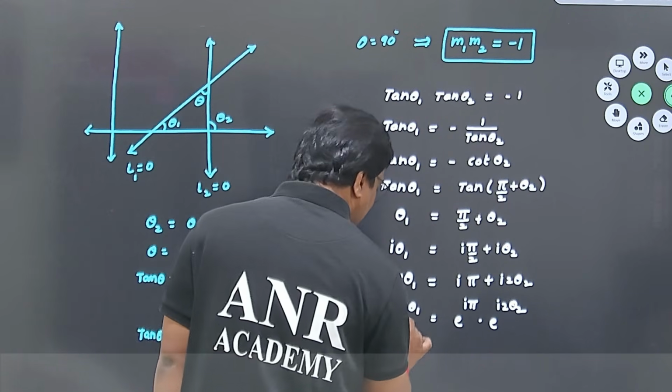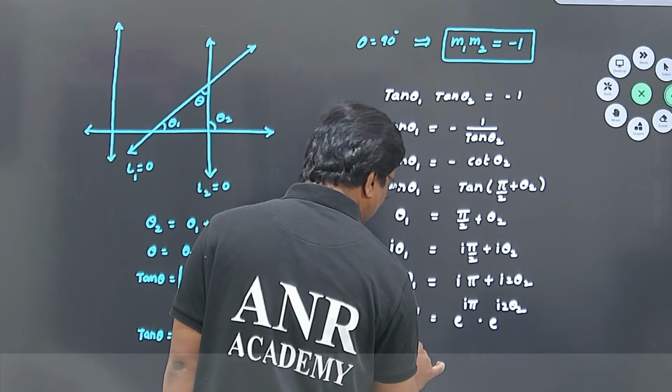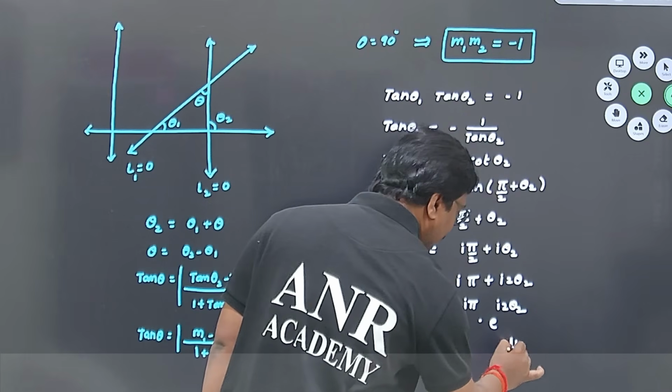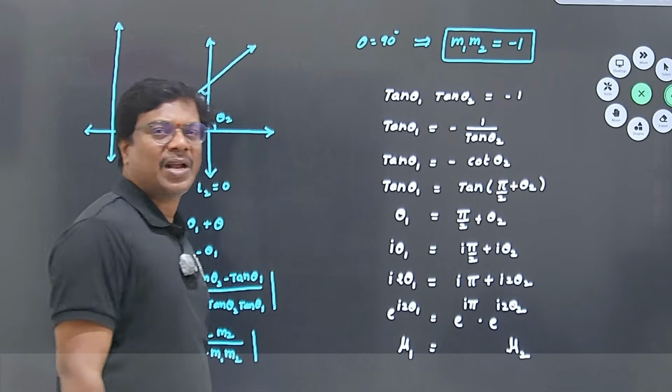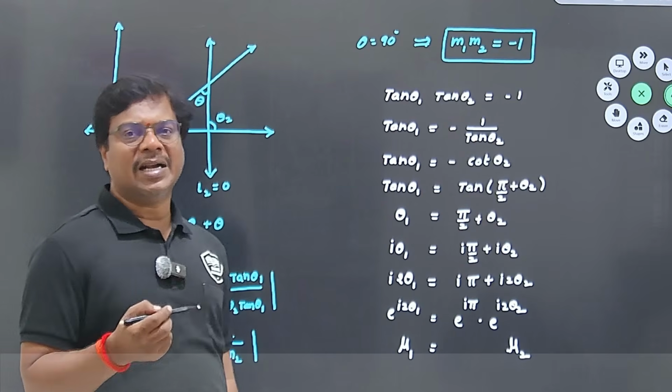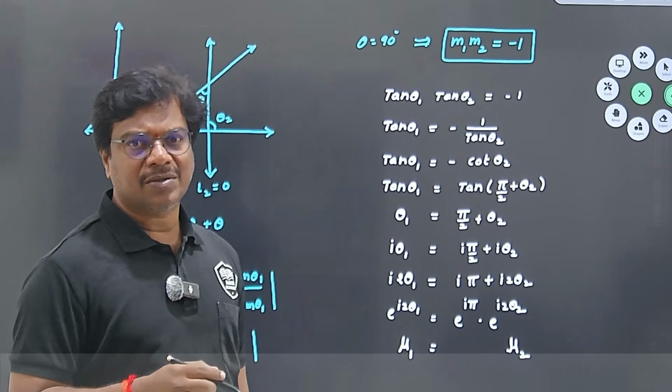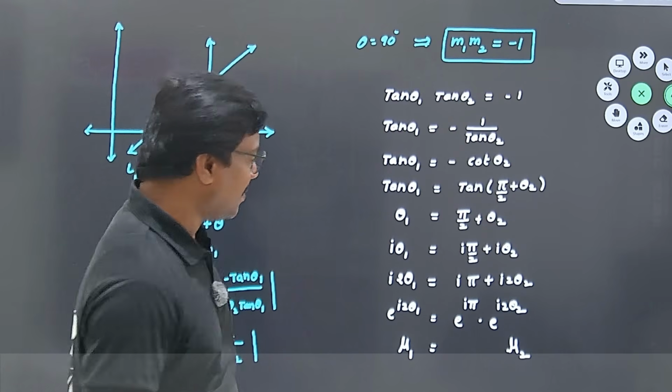This is clearly the square of the unimodular, mu 1 and this is mu 2. E power I pi is written as cos pi plus I sin pi. You know that sin pi value is 0 and cos pi value is minus 1.